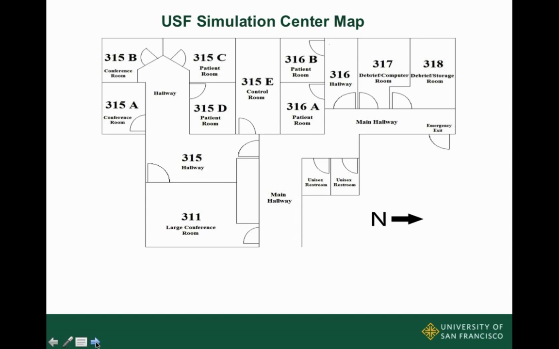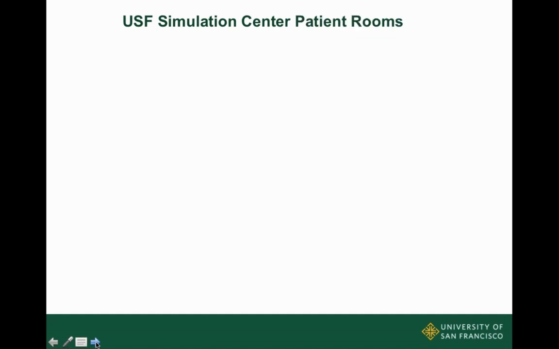I'd like to invite your attention to the layout of USF's simulation lab slash center. And like Katie had mentioned with regards to the standardized patient and participant, we're interchanging simulation center as well as simulation lab here.